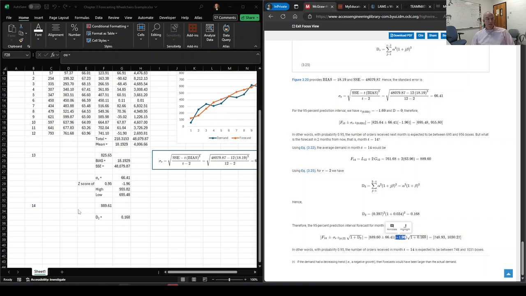So the standard error is the same; I can copy that down. $66.41 is going to be our standard error.